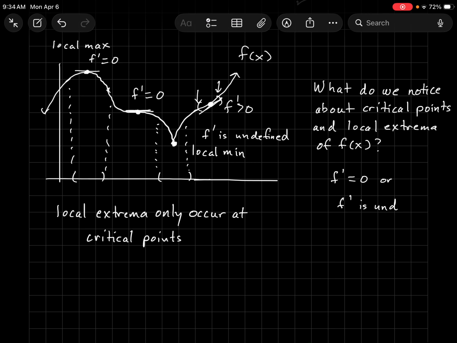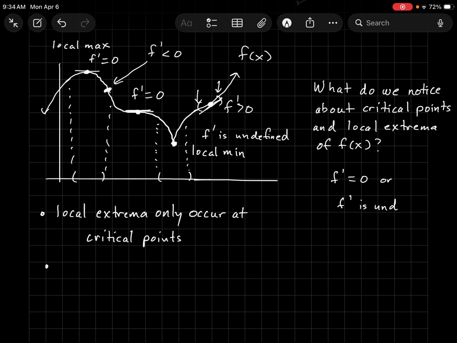Like if I chose another point right there, definitely not a critical point. f is decreasing, or f prime is negative. Recall that f prime is a slope of f. So it certainly seems, and it is true, that local extrema only occur at critical points.